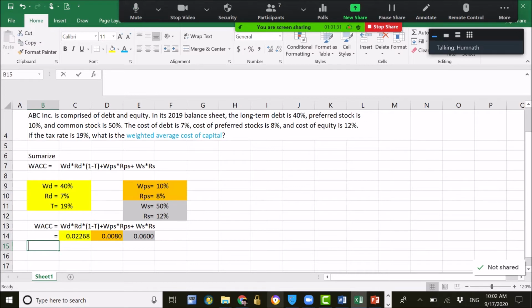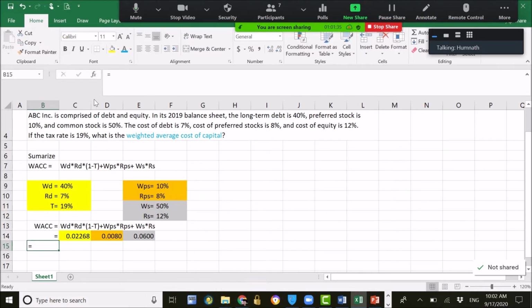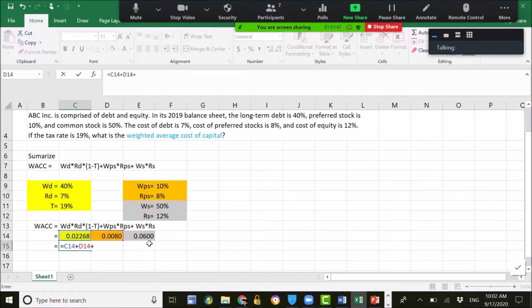So you can add all these numbers together, because you see we have this plus in each of these blocks, right? Because it's a weighted average. So you can do this plus this plus this. This is 9.07%.